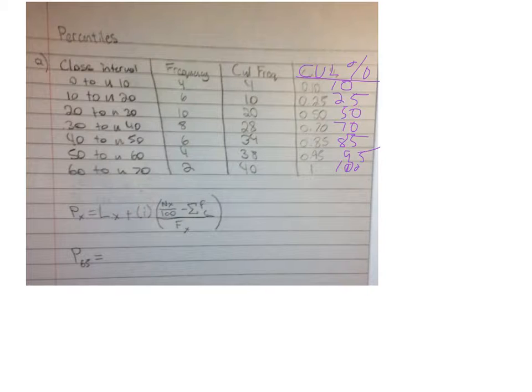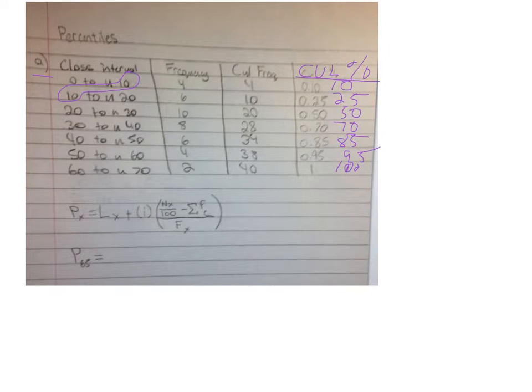All right, one other little thing that needs to be changed here: you'll notice in some of the examples that what they write in their chart is things like 5 to under 10. What they mean by that is we can't overlap in our intervals. We can't have 10 in two different categories.